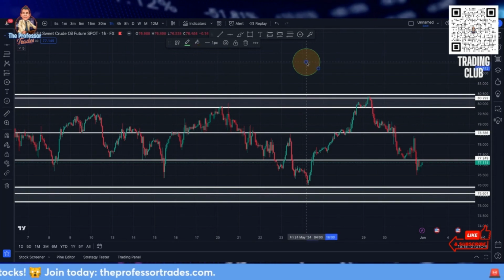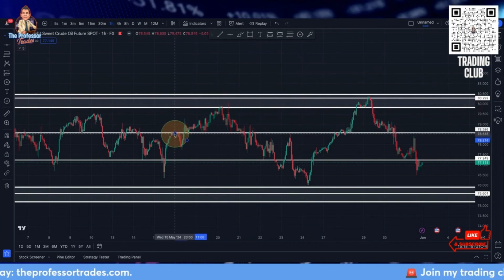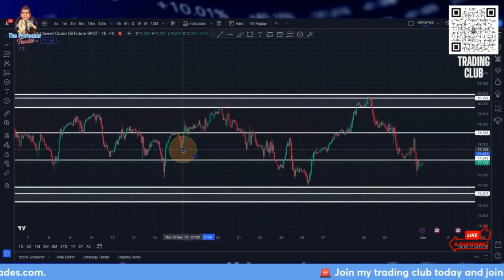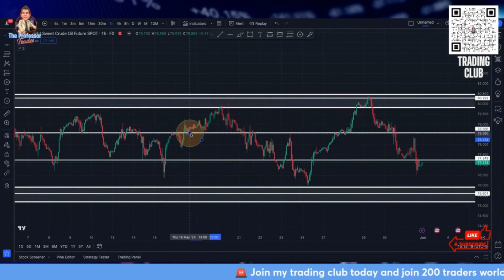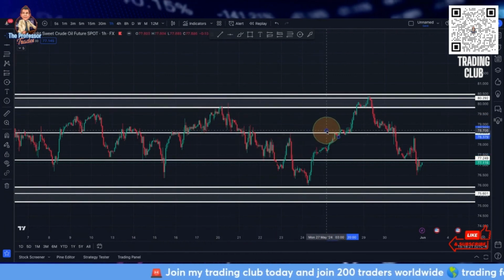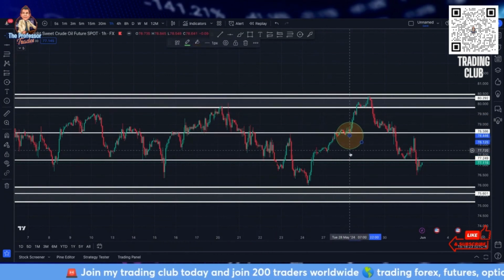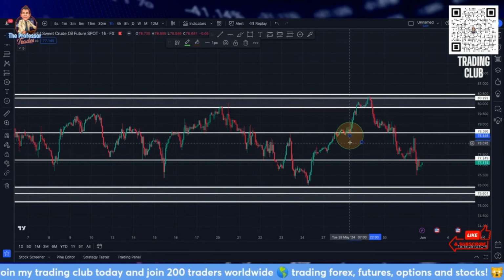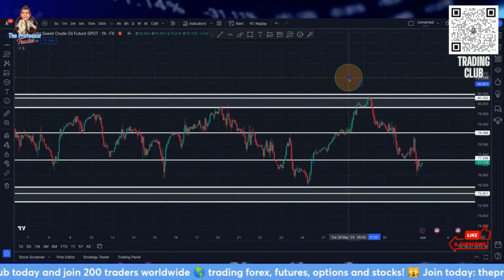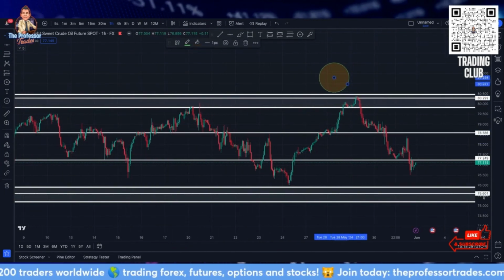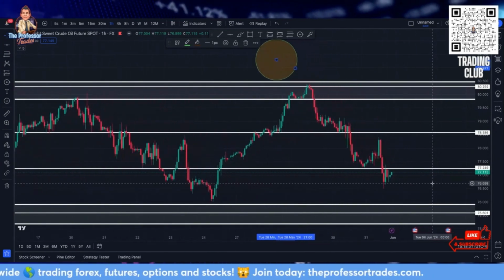And hopefully, let me grab my eyeglass, everybody can see that. This was previous resistance where price dropped. This was previous support where price went up. And so we like to look at these levels on what I call a multi-level area, meaning a multi-time frame area, because that validates for us a lot of the things that we do.